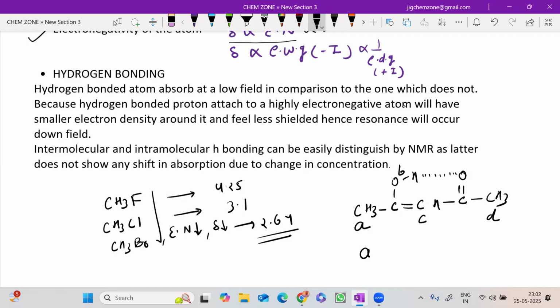If you assign the values of A and D, you will find that the approximate value of A is near about 2, while in case of D, the approximate value is 5.5, say 5. Why this difference? It is due to the minus I effect of the CO group.